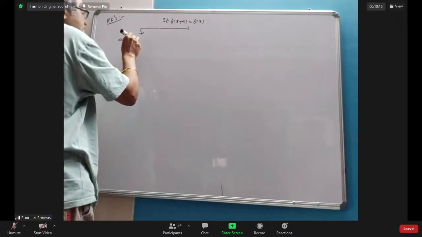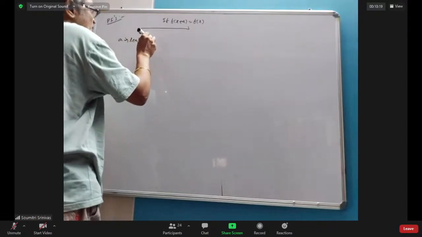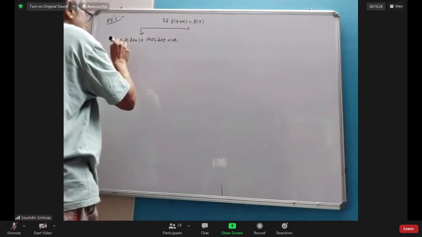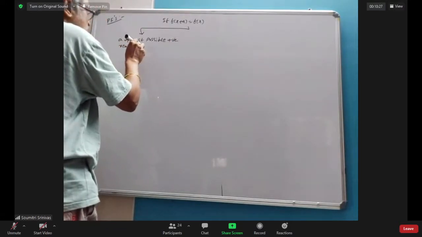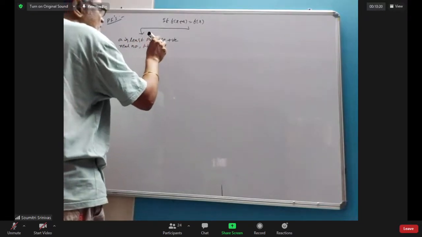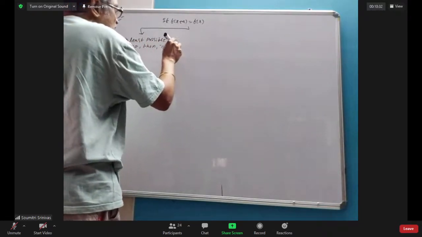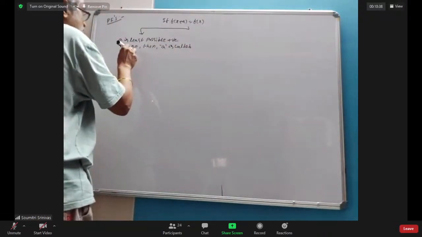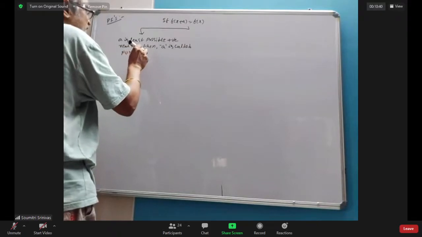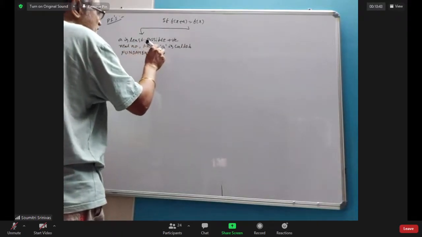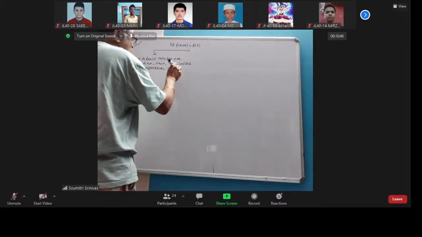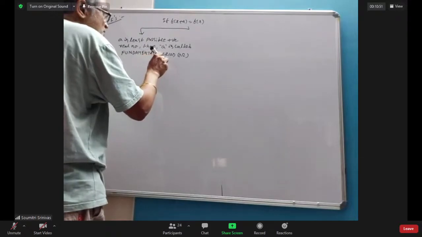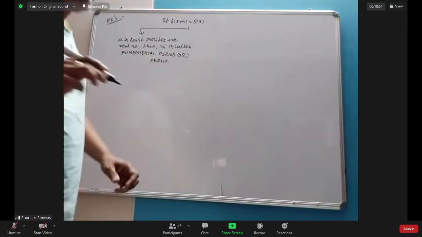A is the least possible positive real number, then A is called fundamental period or period.